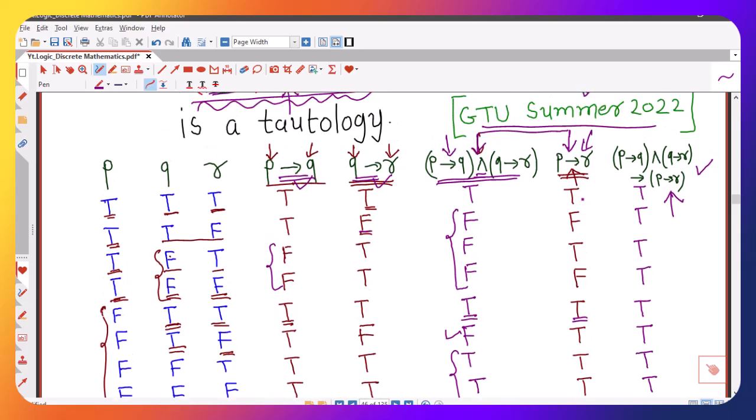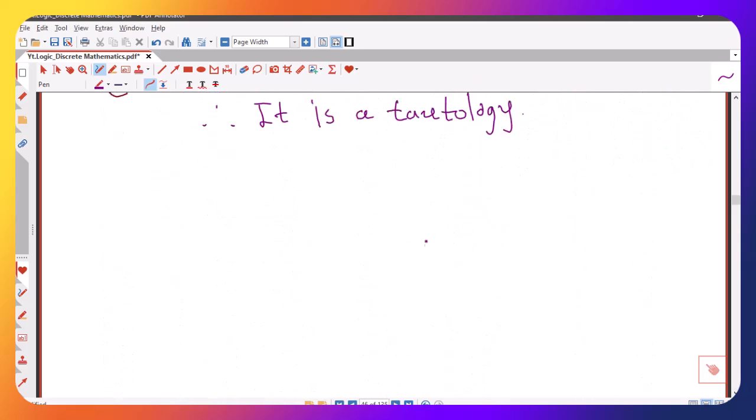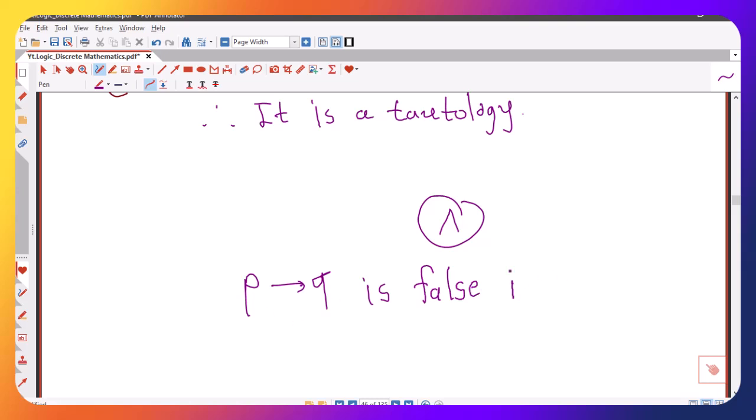Here all we have applied is the conjunction operator, and we have applied the definition of p to q. Remember, this is a very important definition. We remember it this way: this implication is false if the first proposition is true and the second proposition is false.